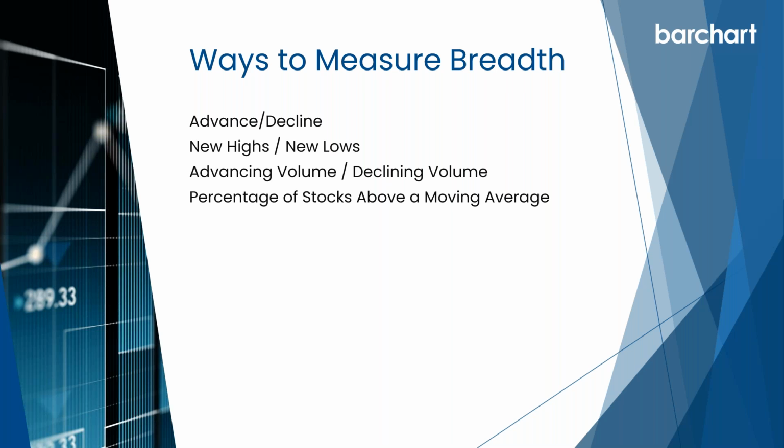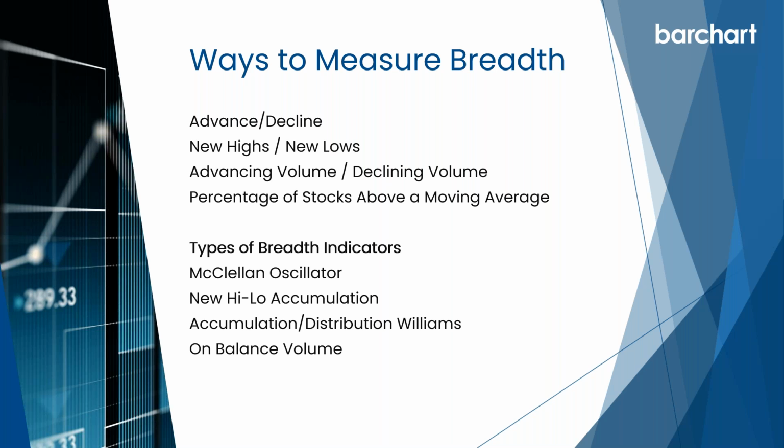Now, in Barchart, we're going to offer you special symbols on monthly, 3-month, 6-month, 52-week, and year-to-date new highs and lows. But you can also screen on 2-year, 3-year, 5-year, 10-year, and 20-year new highs and lows. Then there's advancing and declining volume.